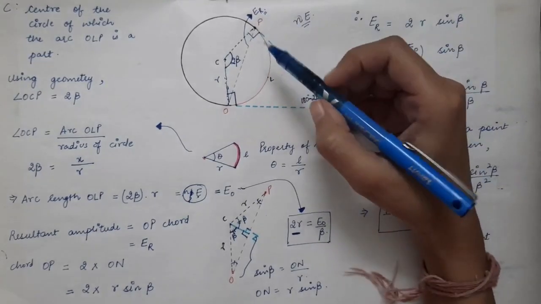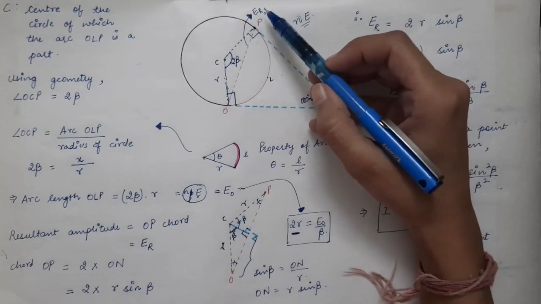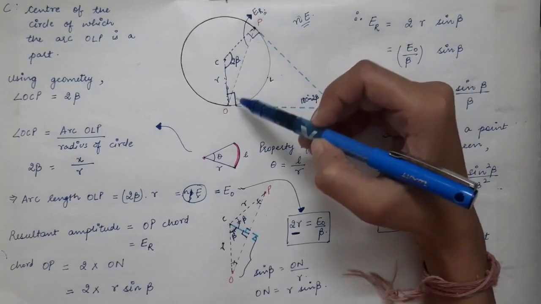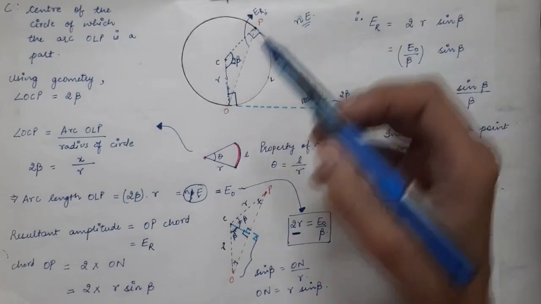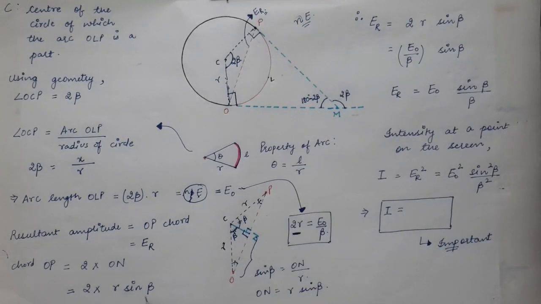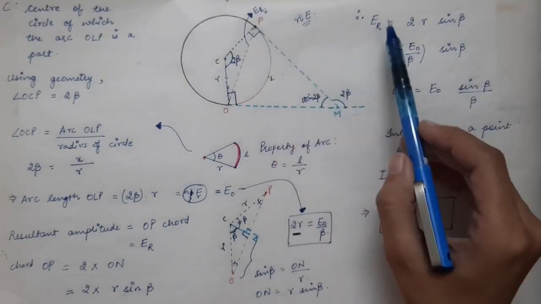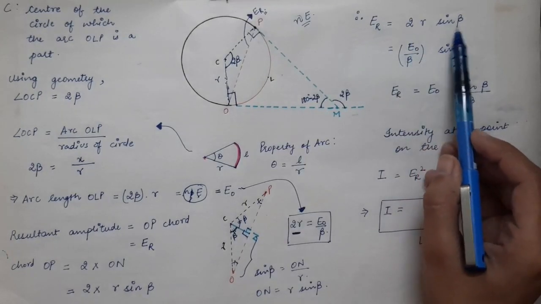So the length of this chord is equal to ER. Now this length has come out to be equal to 2R sine beta. So we can say ER is equal to 2R sine beta.